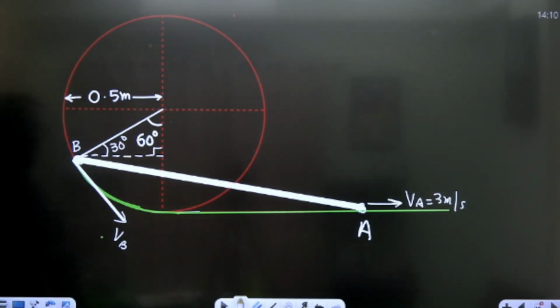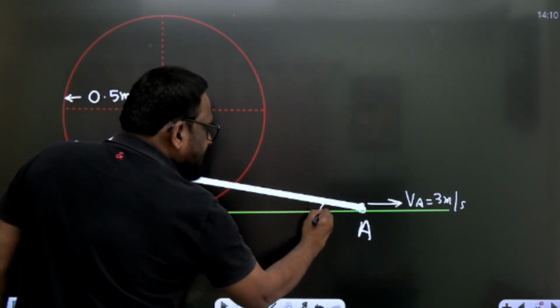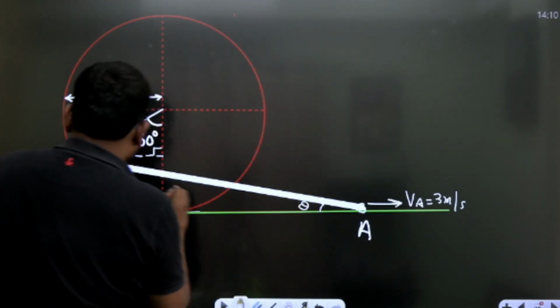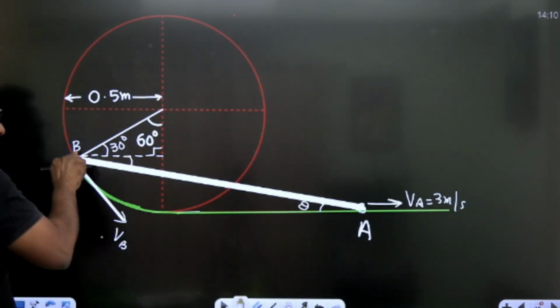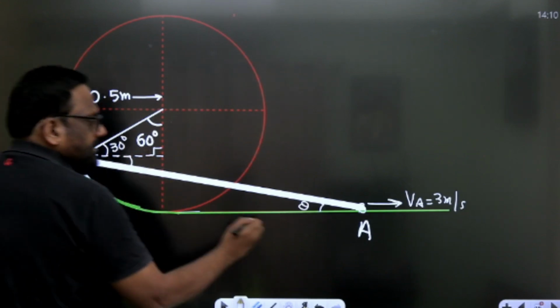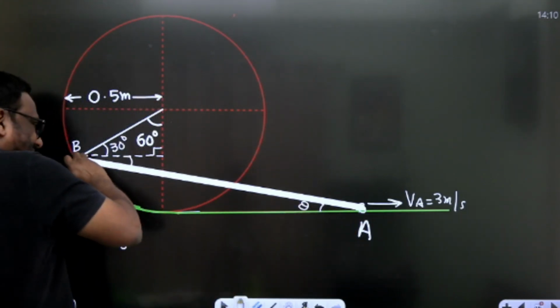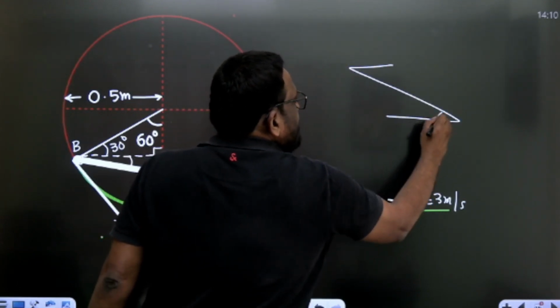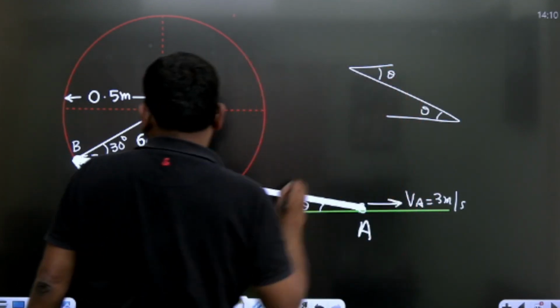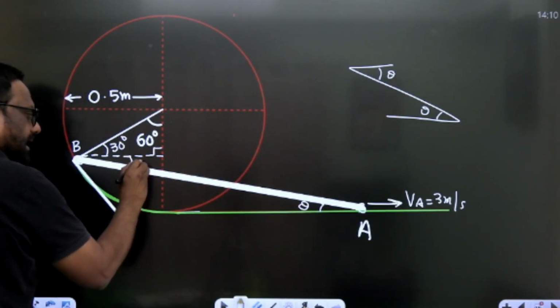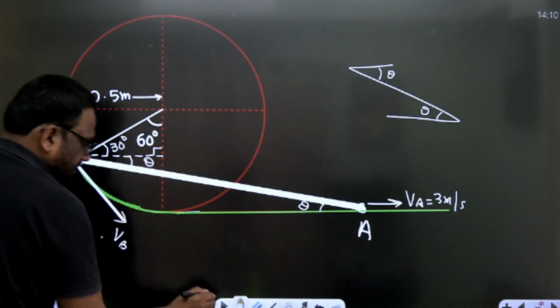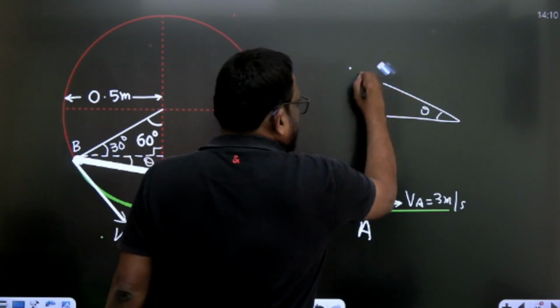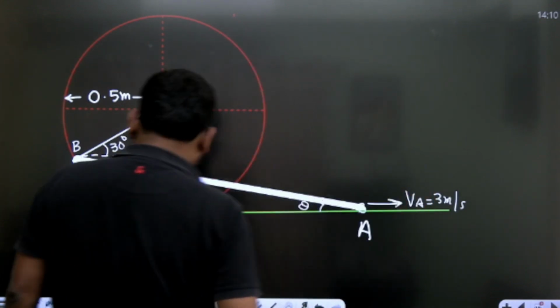Now if this angle is theta, what will be this angle sir? This is horizontal, this is also horizontal, same line. If this is theta, this will also be theta na. So अगर ये theta है तो ये भी theta ही होगा सर.